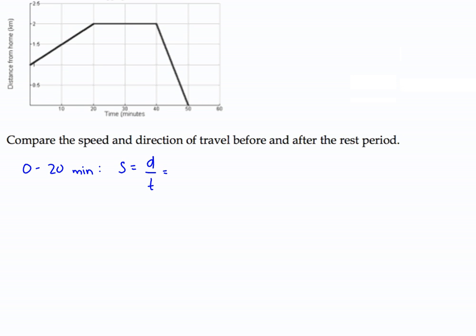So how far did I travel in the first 20 minutes? I went from 1 to 2. 1 kilometer in how long? In 20 minutes. So 1 kilometer for 20 minutes, so 1 over 20. His direction is away from home.